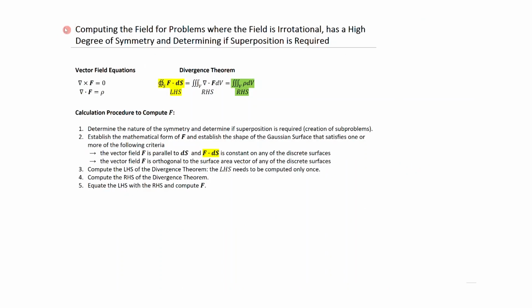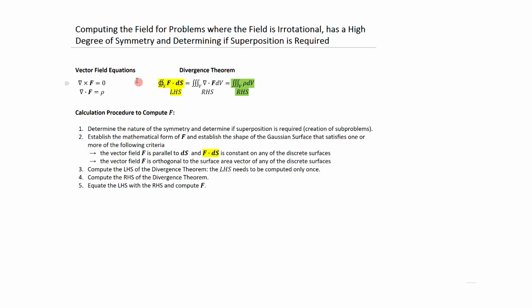All right, so we can now summarize how we went about computing fields for problems where the field is irrotational, has a high degree of symmetry, and to determine if superposition is required. Under these circumstances, where the field is irrotational, we had the following two vector equations. The curl of F equals 0, and the divergence of F is equal to rho.